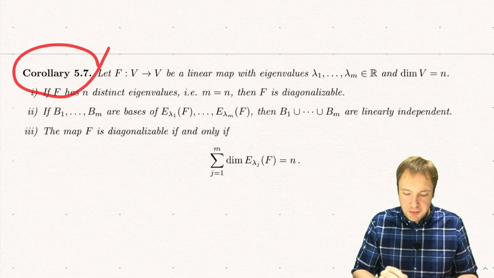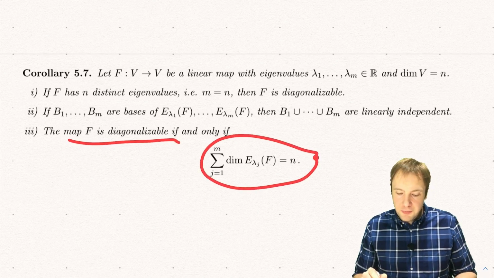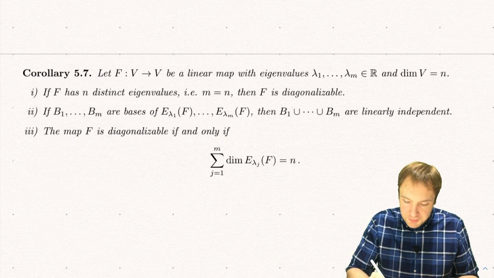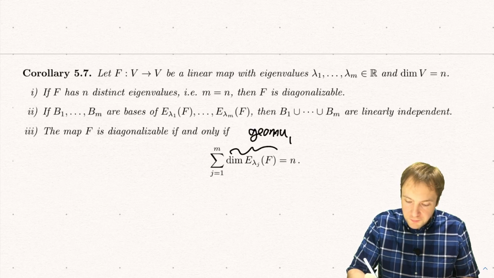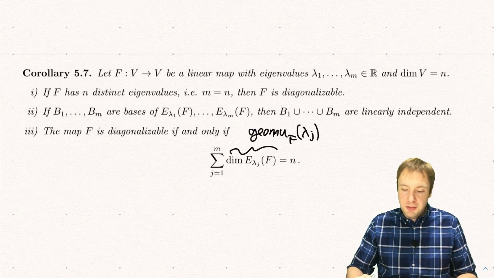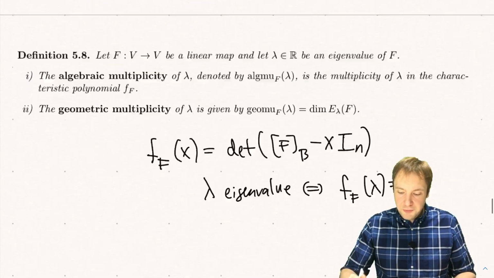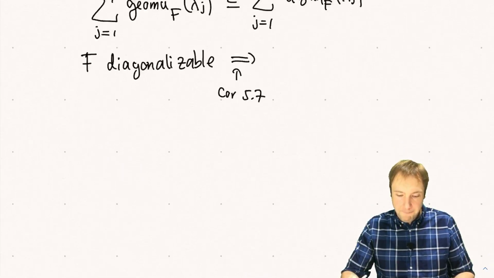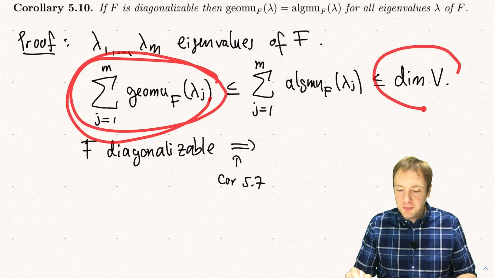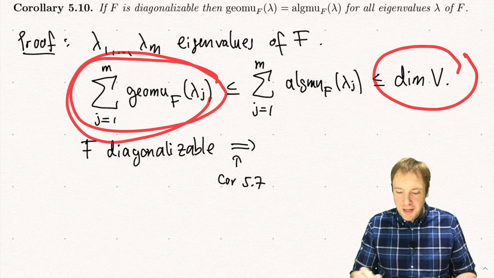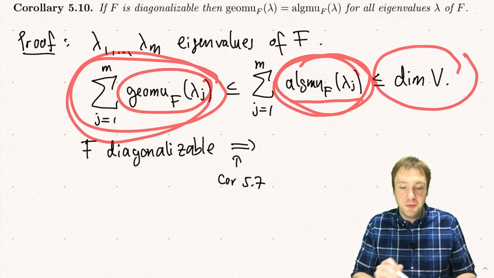Here, 5.7: if f is diagonalizable, then the sum of the dimensions of the eigenspaces is n, but this here is exactly what we now call the geometric multiplicity of f for this eigenvalue lambda j. And this n here is the dimension of V. And therefore, if f is diagonalizable, then this sum here of the geometric multiplicities equals the dimension of V. And this can just be the case if these algebraic multiplicities are always equal to these geometric multiplicities.